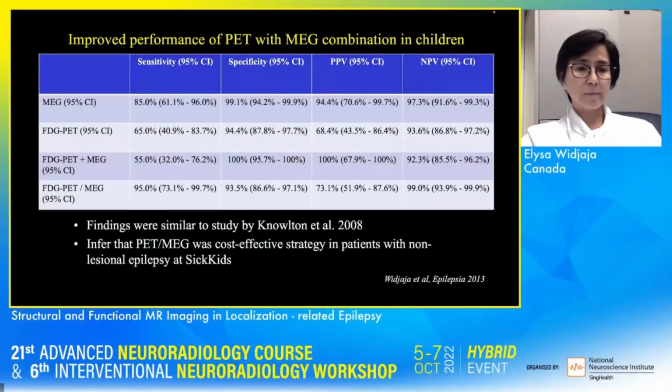We have found that combined PET and MEG has higher sensitivity compared to PET or MEG individually, similar to the findings by the study by Knowlton et al. Based on these findings, we infer that combined PET and MEG was a cost-effective strategy in patients with non-lesional localization-related epilepsy at Sick Kids.